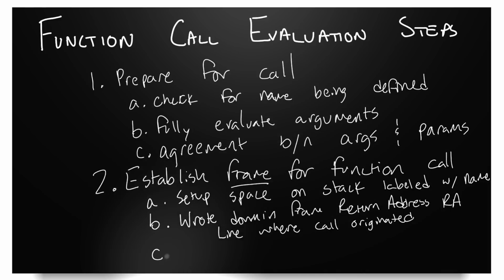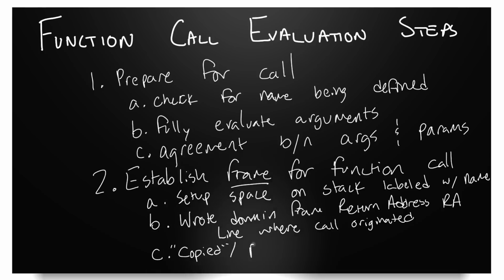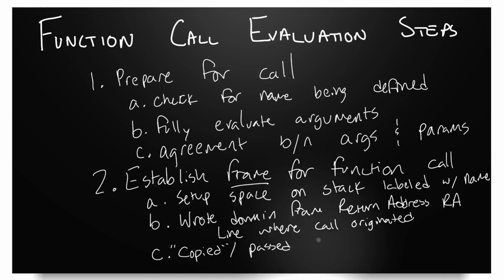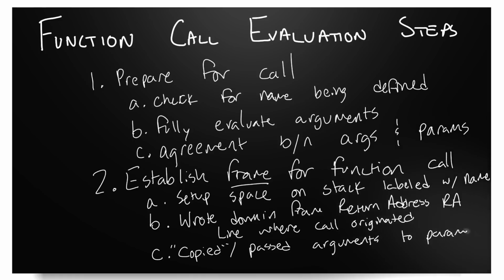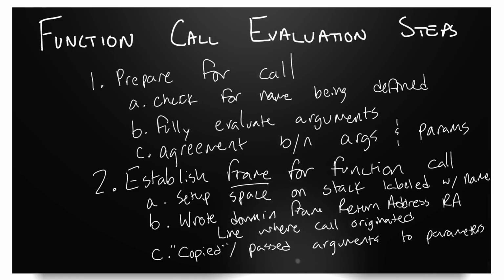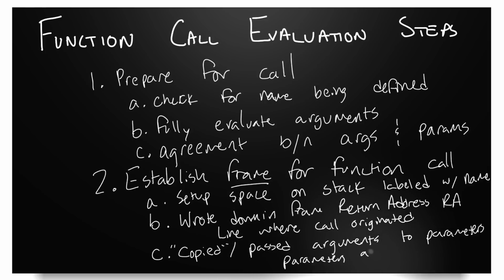And the last step that we made here was we copied our arguments. And more formally, I'm going to put quotes around this copy. We passed our arguments to params. So to our parameters. And I might just make a note that parameters are variables in our frame.